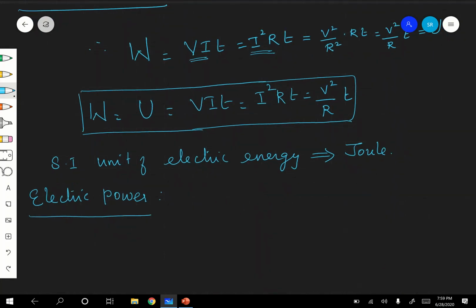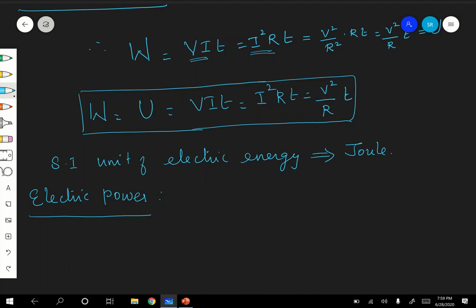It is defined as the rate at which the work is done or energy supplied by the source in maintaining the current in the circuit. That is what is called the electric power of the circuit. Are you following? Therefore, the electric power of the circuit is associated with the rate at which the energy is supplied by the source.